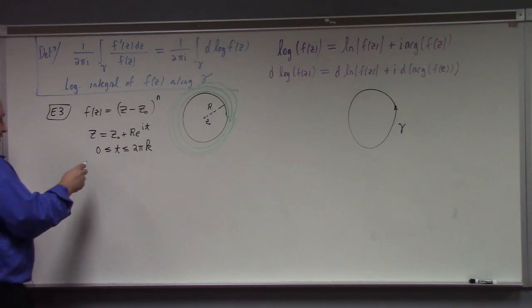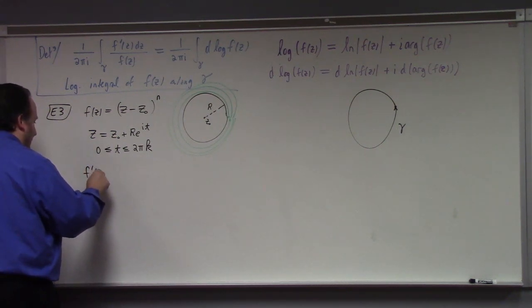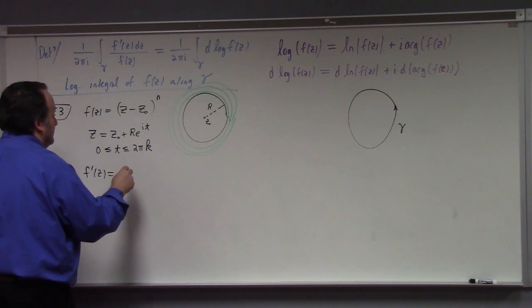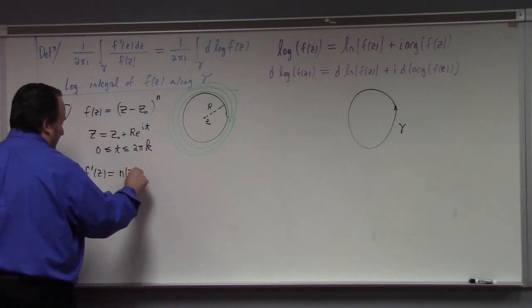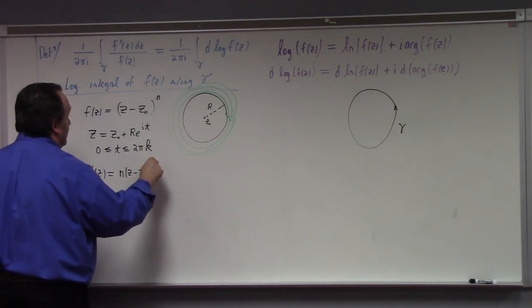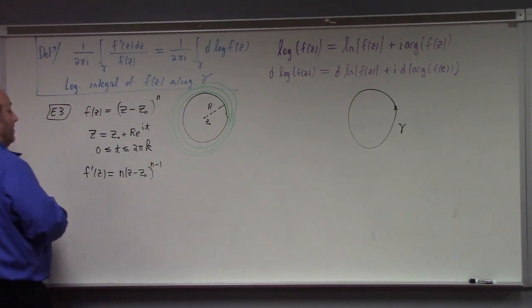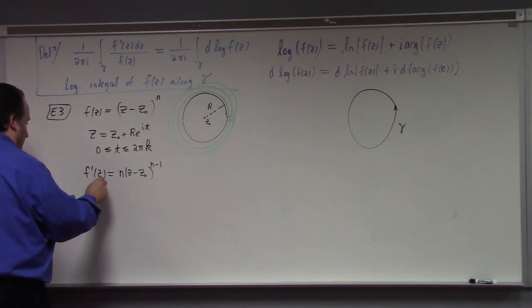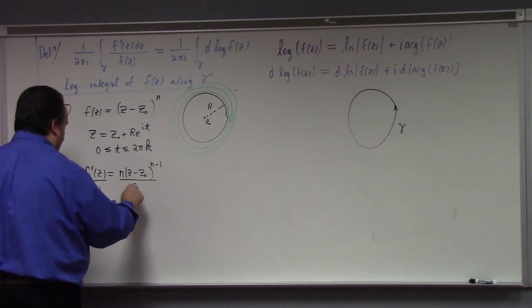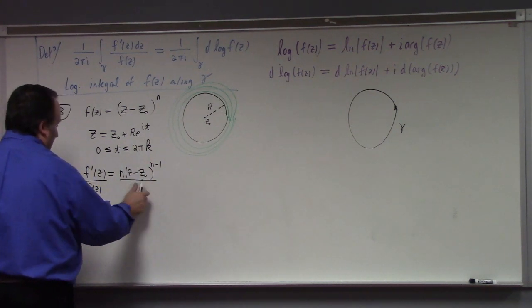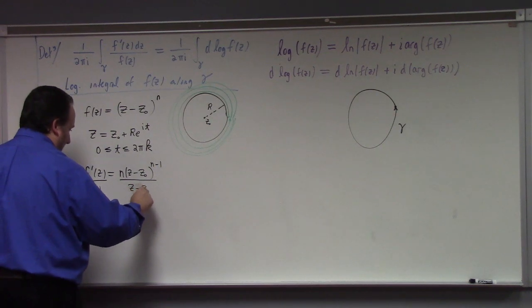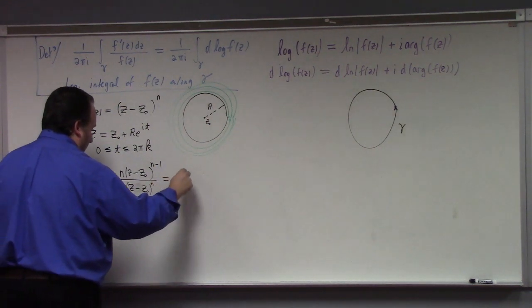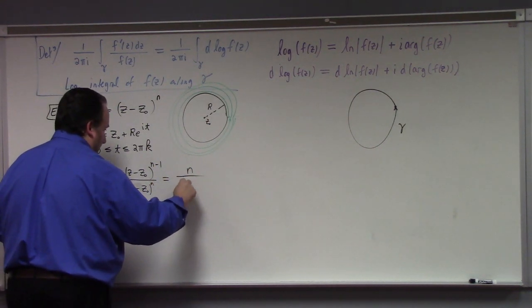So what is f prime of z here? It is n times z minus z naught to the n minus 1. And what if I divide that by f of z? What do we get? We get n over z minus z naught.